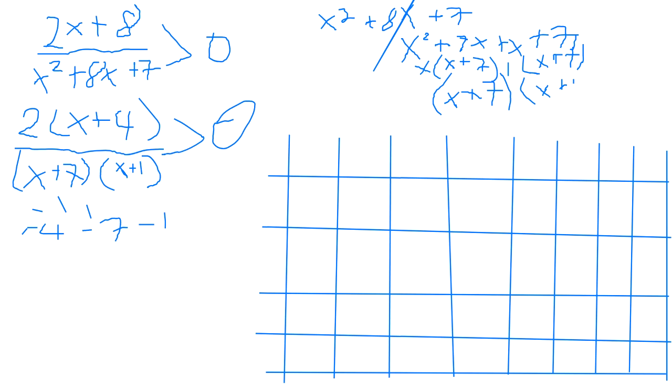So we start with the smallest one. So we go from negative infinity to minus 7. Then we have minus 7. Then we have minus 7 to minus 4.